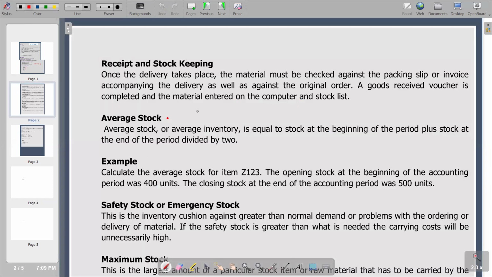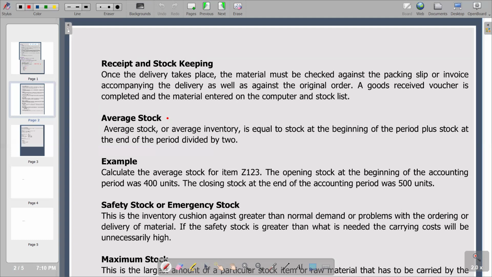We also have the issue of safety stock, or emergency stock, which is an inventory cushion against greater than normal demand or problems with the ordering or delivery of material. If the safety stock is greater than what is needed, the carrying cost will be unnecessarily high. We keep some stock for emergencies that might come up.